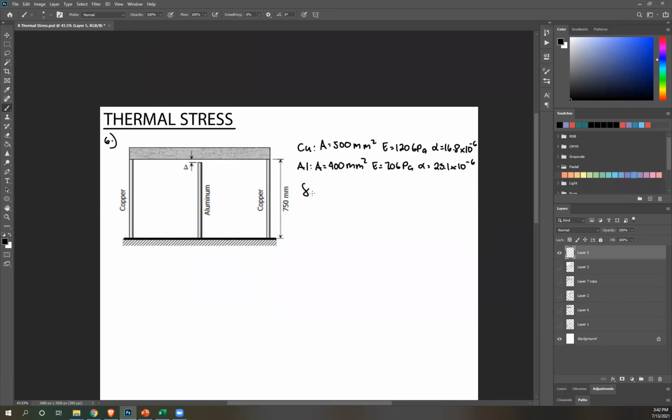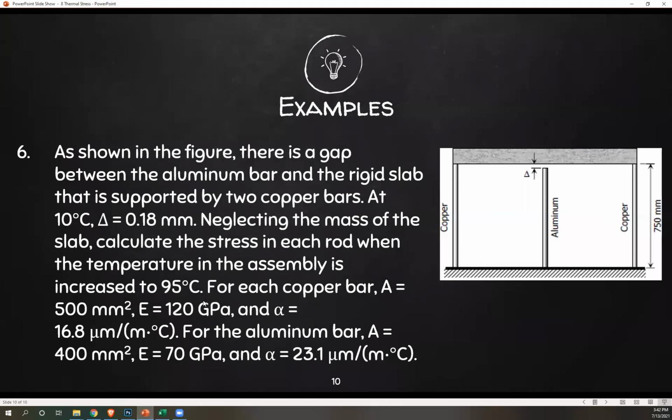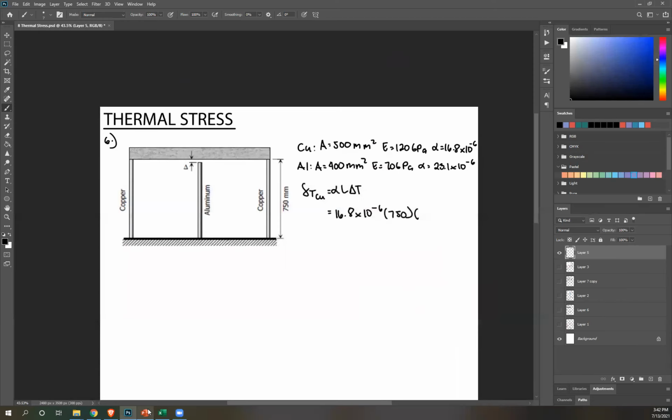So let's solve elongation due to temperature of your copper first. Alpha L change in T: 16.8 times 10 raised to negative 6. Length is 750. And change in T, final is 95, initial is 10. Let's include that here as well.